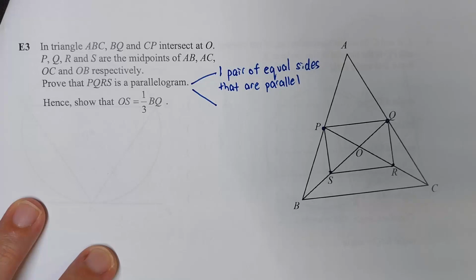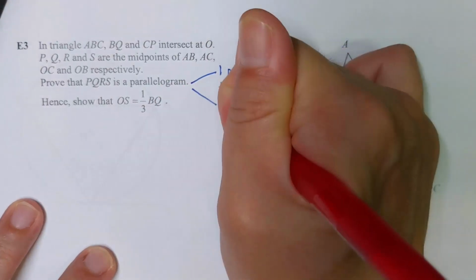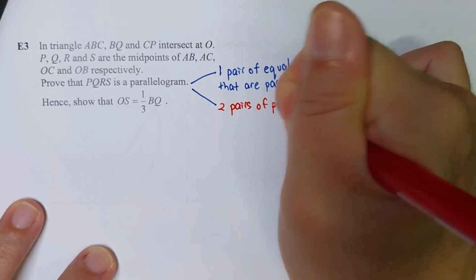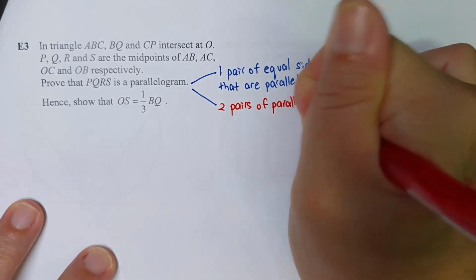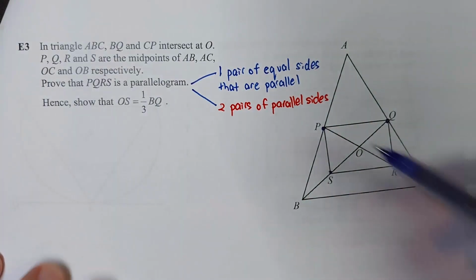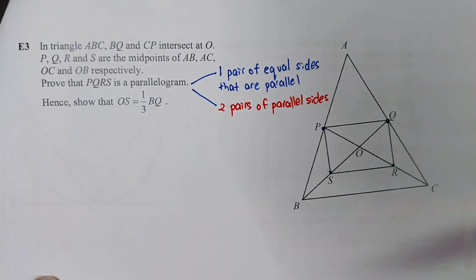Another way to do so is to prove two pairs of parallel sides. So let's see which one we can prove.